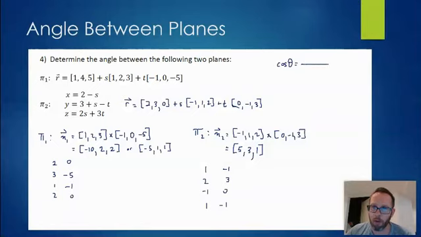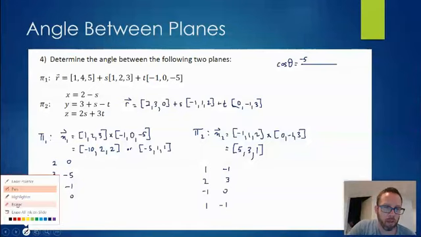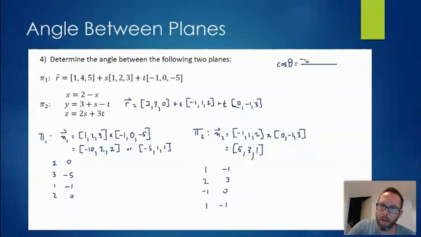I might go a bit quicker than the last one, because we've already done an example like this. So N1 dotted with N2. Oh, wait, we're going to be using the smaller one. That'll be good, because that'll make the mental math easier.